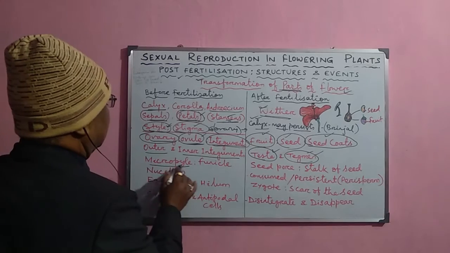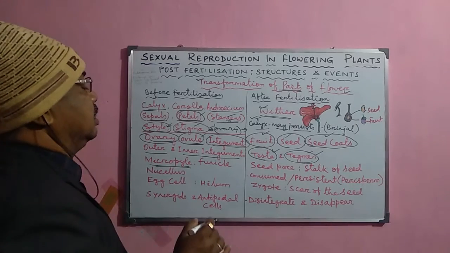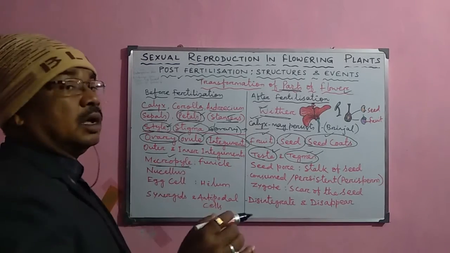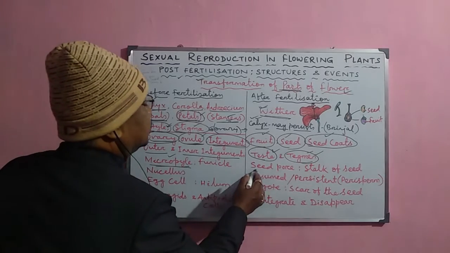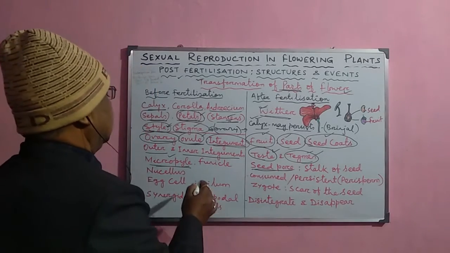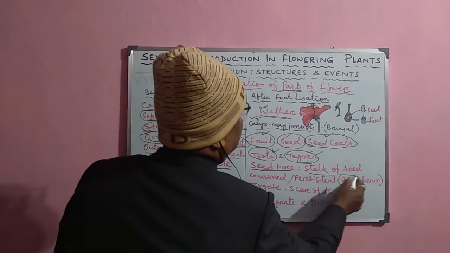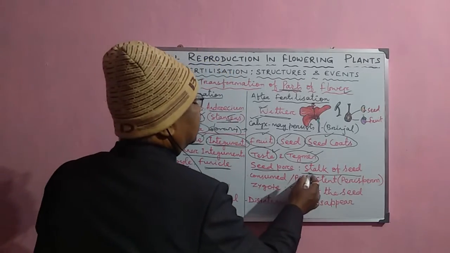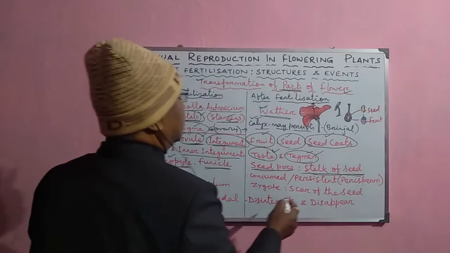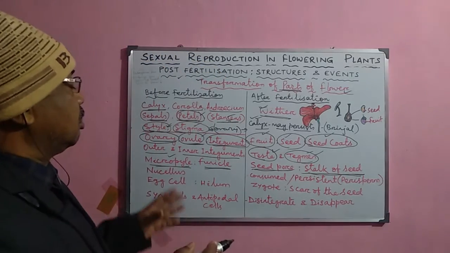Then the small opening, the micropyle, develops into the seed pore. Then the funicle of the ovule develops into the stalk of the seed. The part by which the seed is attached to the plant is called the stalk of the seed.